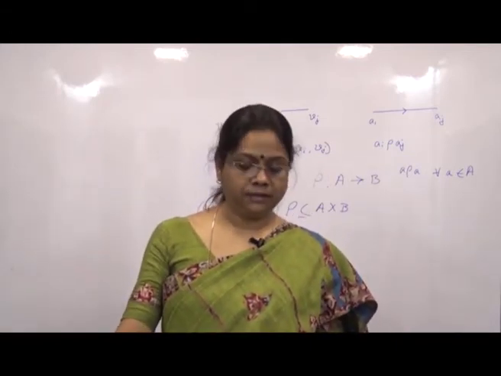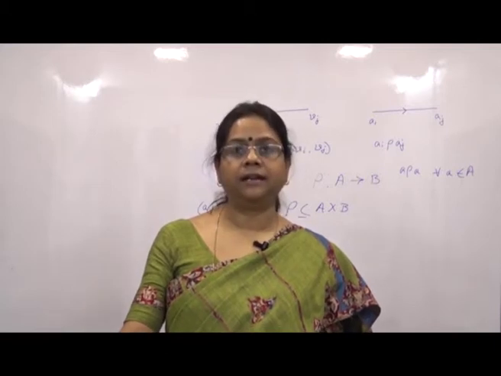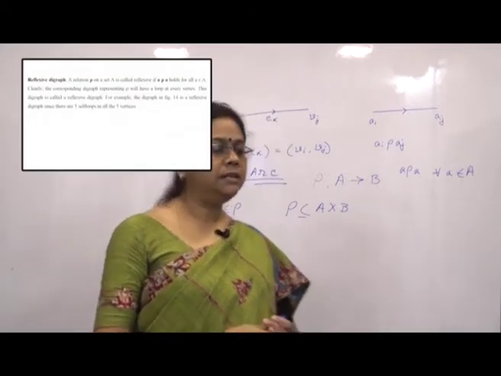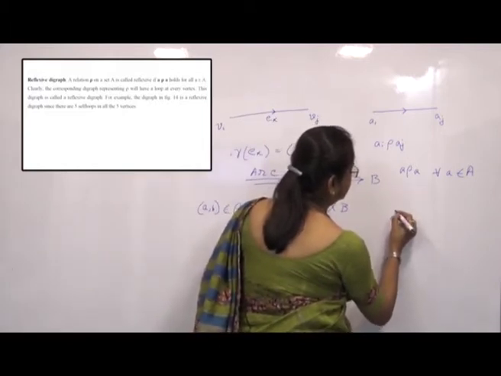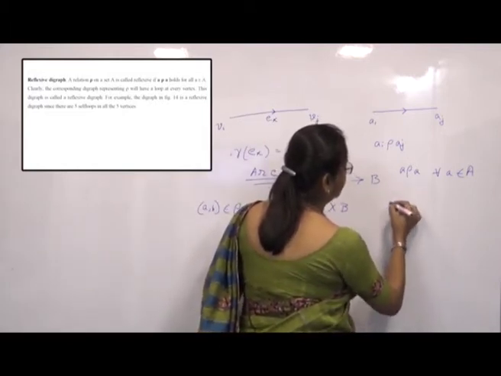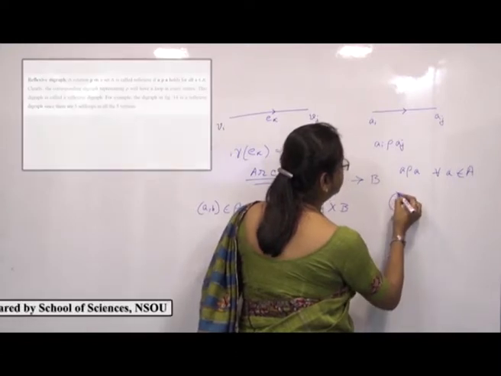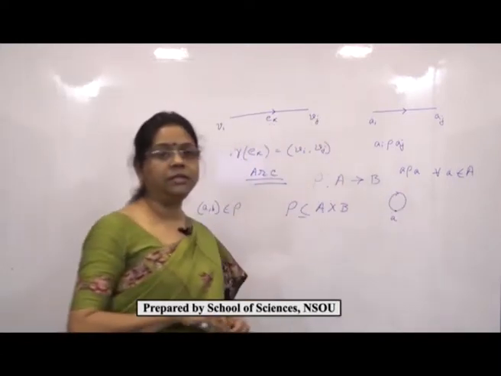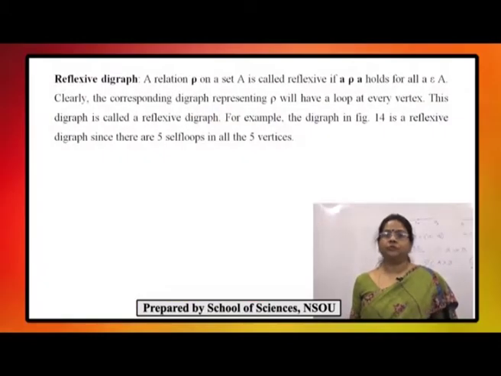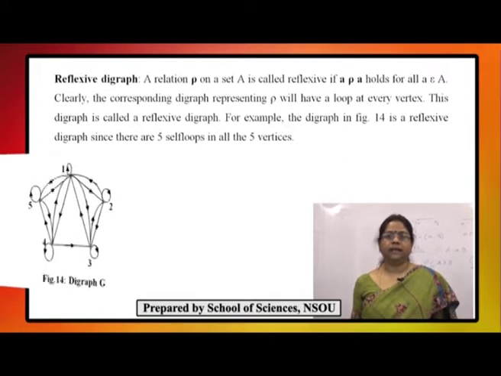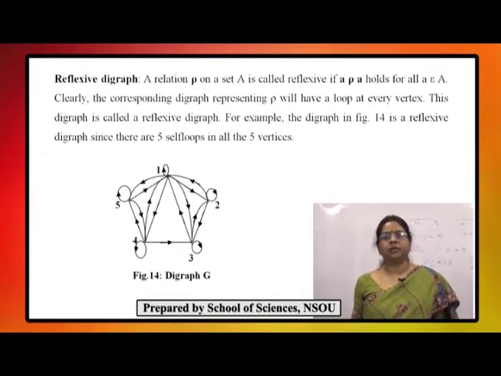So, the representative digraph should contain, if this is the vertex a, a rho a means there is a self loop on the vertex a, and this should be true for all a in A. So clearly the corresponding digraph representing rho will have a loop at every vertex.